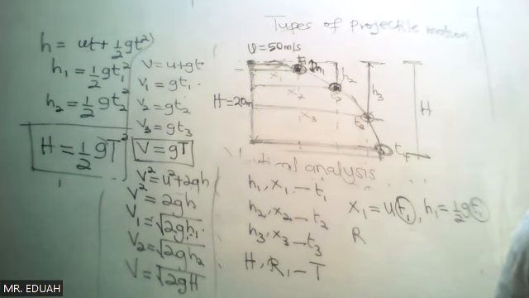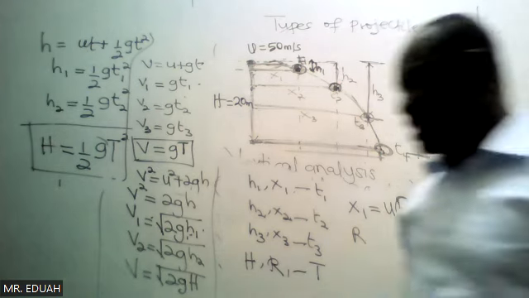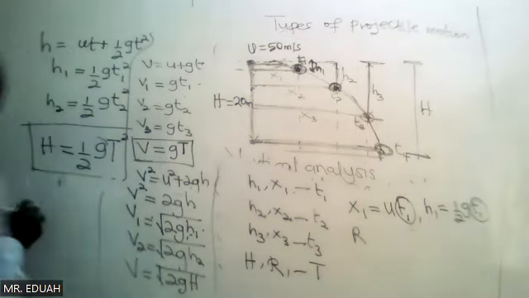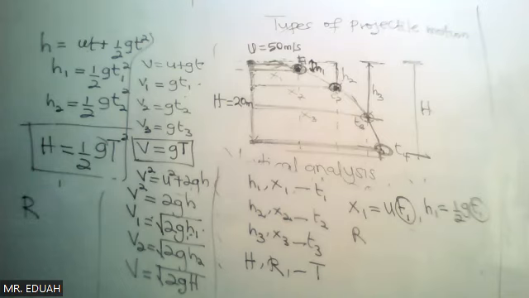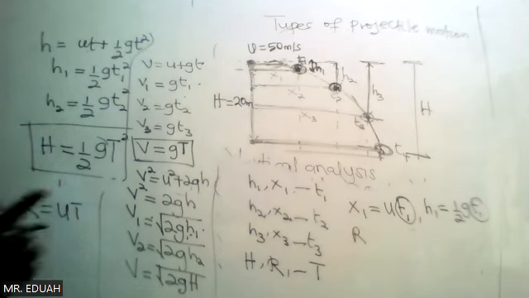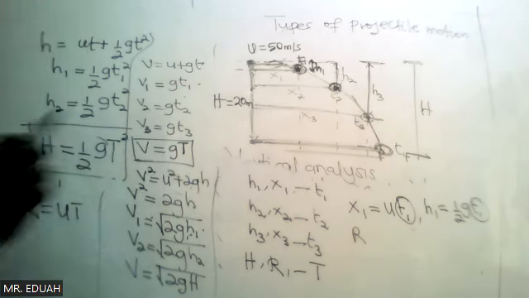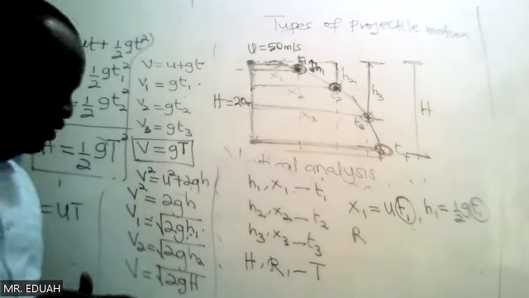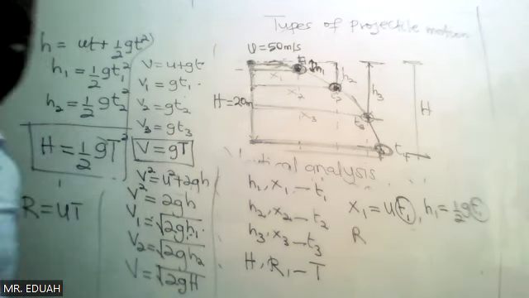Mr. Dia, please repeat the question. The question is that we are looking for the range, which is ut. I've just told you that the time taken to make a vertical displacement and the horizontal displacement is the same.